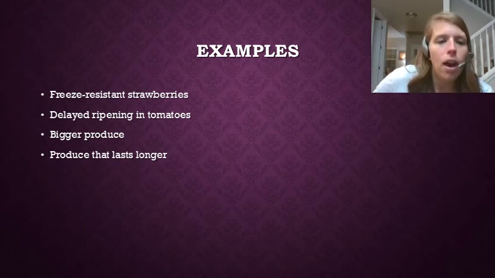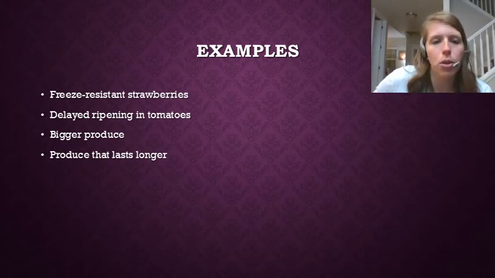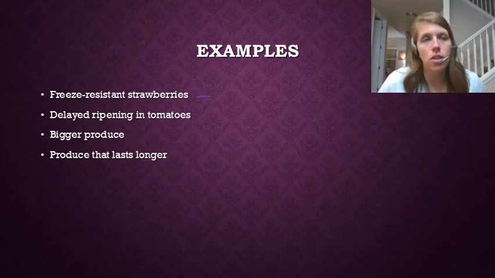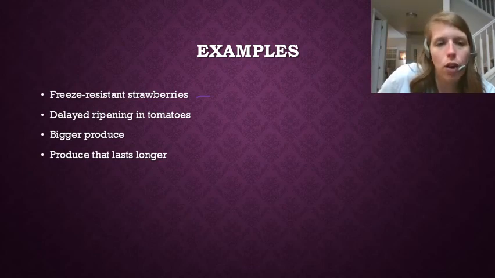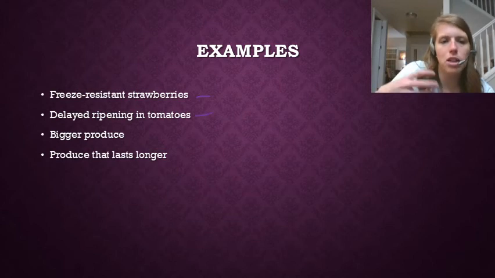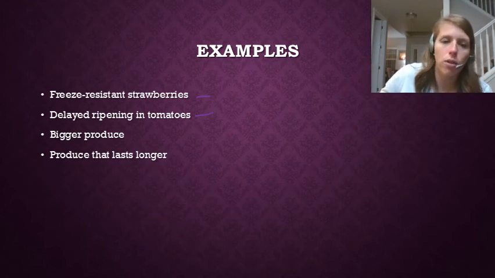But other examples of things that humans have been able to do and develop is freeze-resistant strawberries, which is great because you plant strawberries in the springtime, and if the crops freeze, then it's over. So that's a big thing for farmers. Delayed ripening in tomatoes so that you can pick a tomato green and then it will ripen in the store.